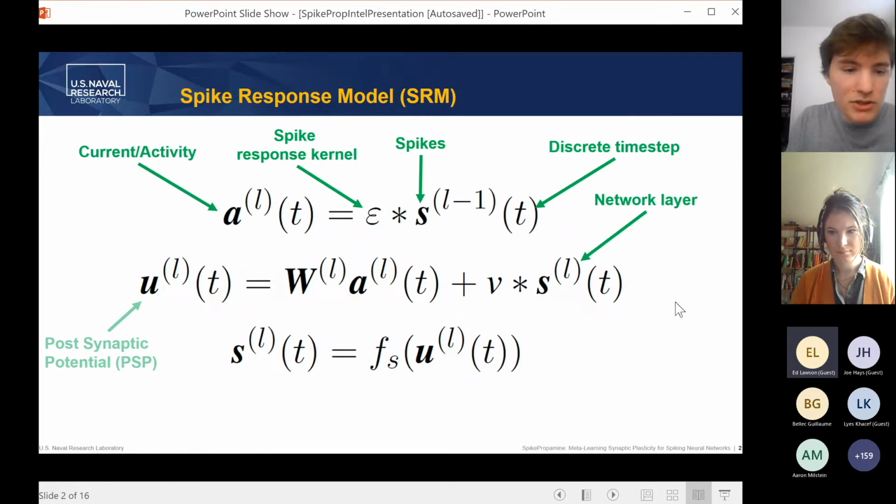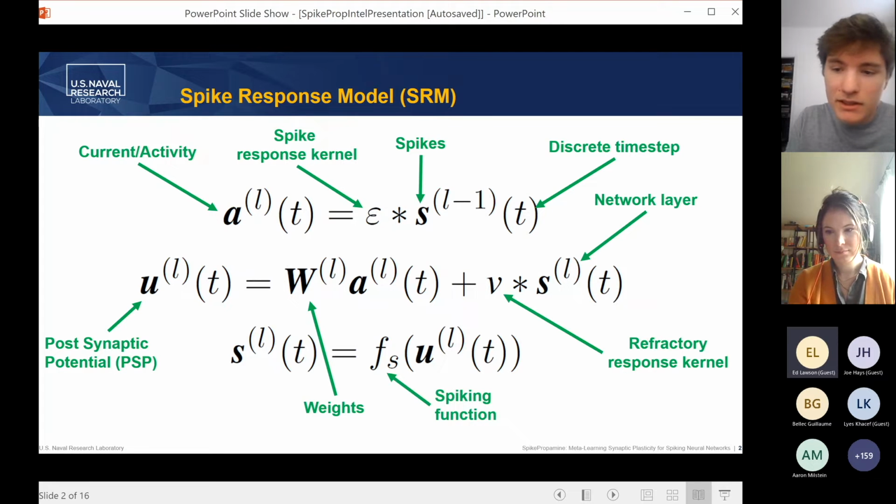So to begin, we're just going to jump right into the technical details before we discuss the results. For this work, we use the spike response model presented in the Slayer paper. The spike response model is a generalization of the leaky integrate-and-fire neuron model, which instead of being formulated as a set of differential equations, the SRM is formulated using filters.